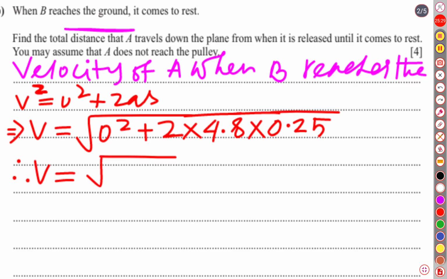So 2.4 is the initial velocity. Now we will have to find the acceleration also, because we are going to apply the concept of acceleration, velocity and displacement. Displacement is to be obtained, and acceleration and velocity can easily be obtained.